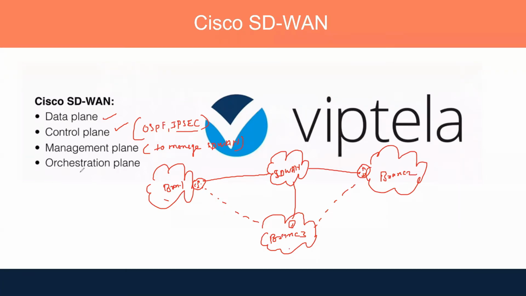And you can do the orchestration as well. If you want to include any API kind of stuff, any kind of orchestration, automation, you can do it via this orchestration plane. To support all these, we have different components in our Viptela. So let's talk about that.